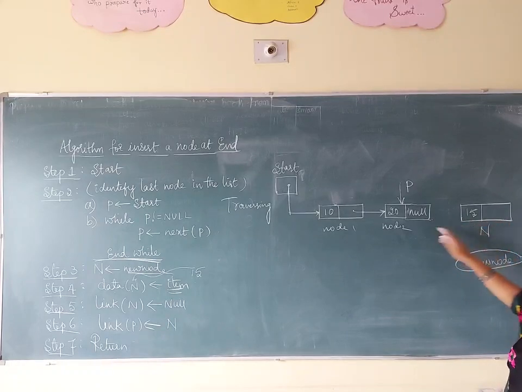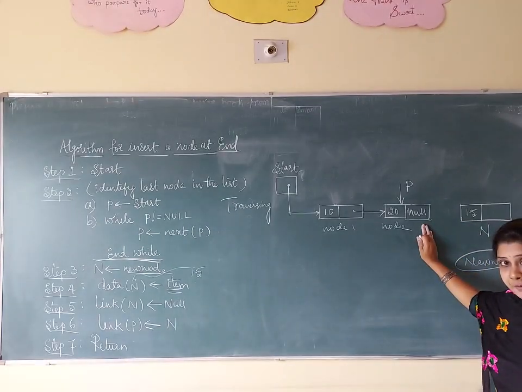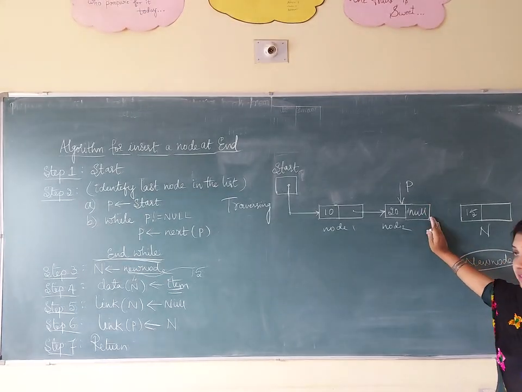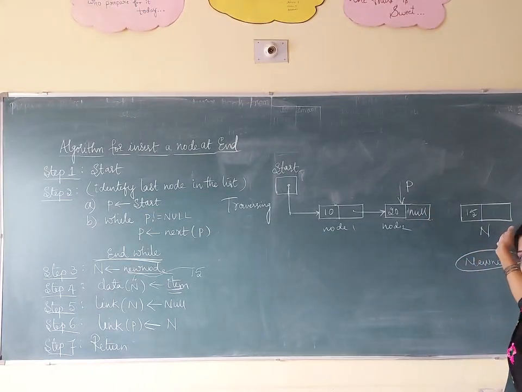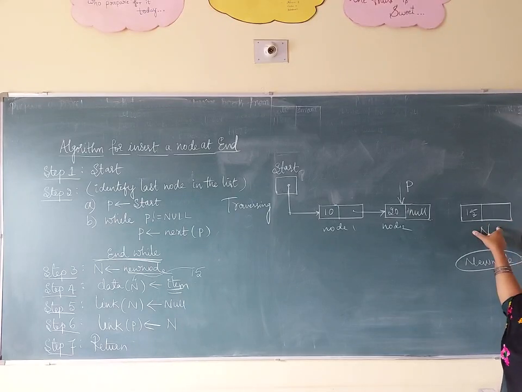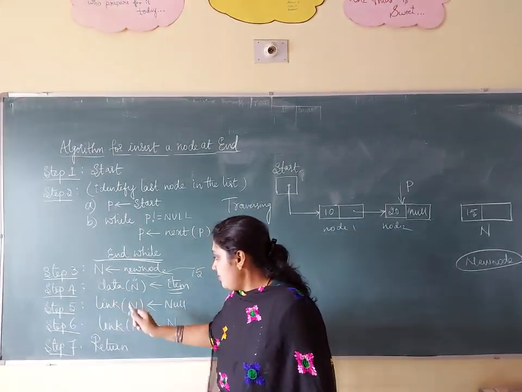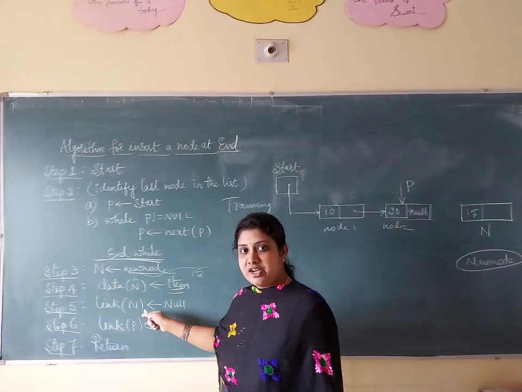So here we already got end. So now this is not your last node. Why? Because after this one we have inserted a new node. So this will become the end of the node. Now what you have to do? You have to make this part null. So here, null is the link of n.